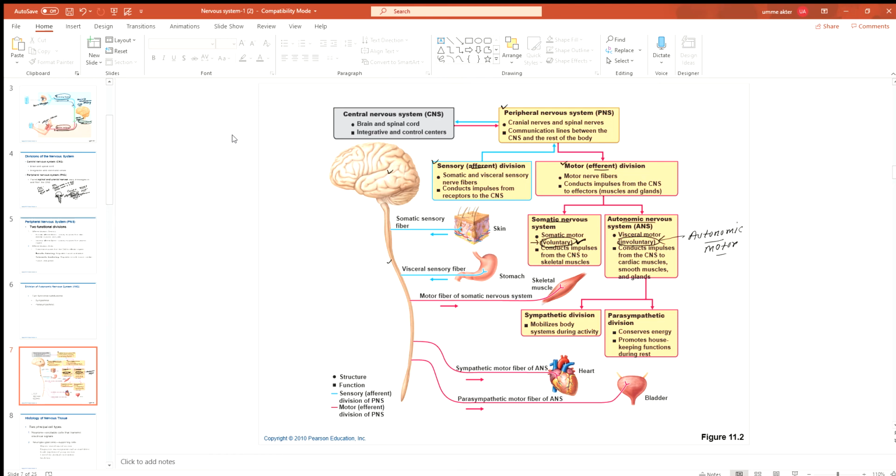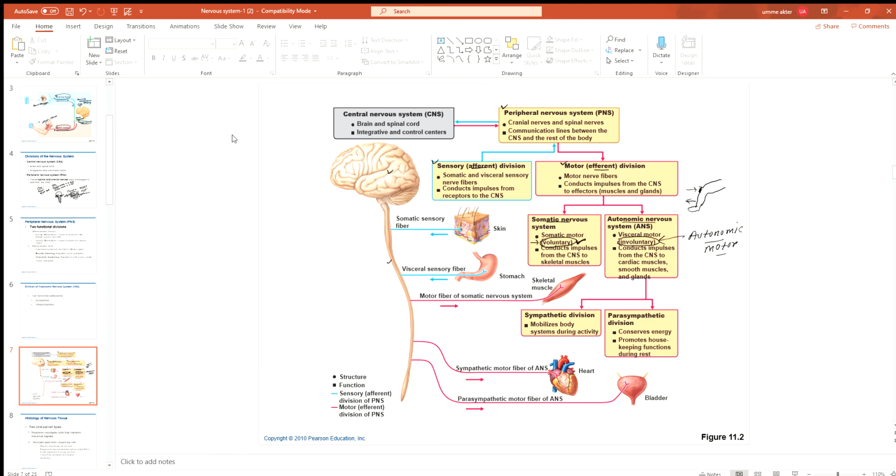Now, let me give you another example, like knee jerk or knee reflex. This is the knee, and you have the patellar ligament here. When you hit here with a small hammer, your leg kicks forward. Why?